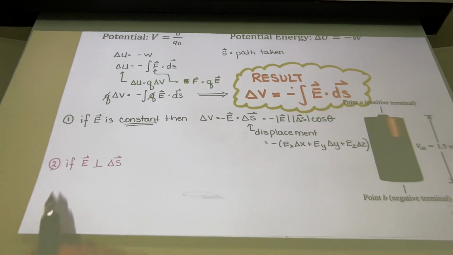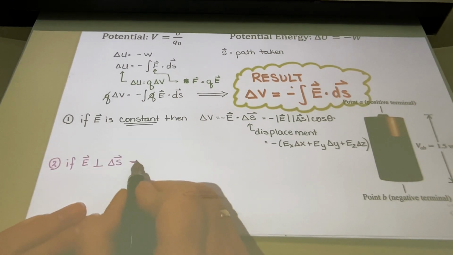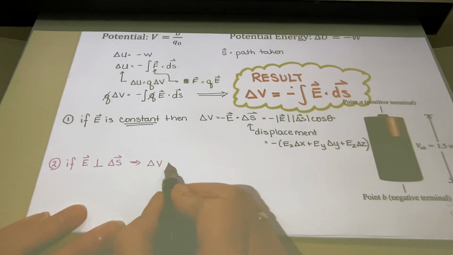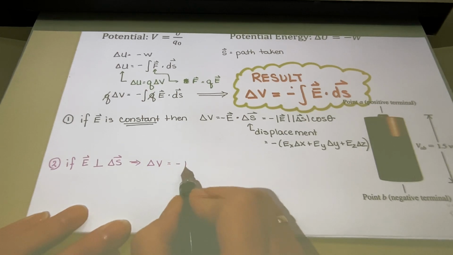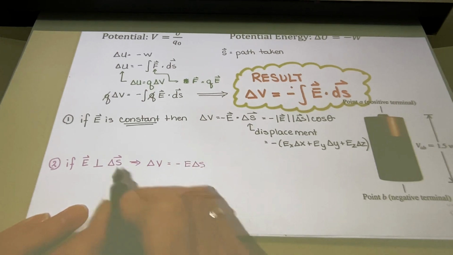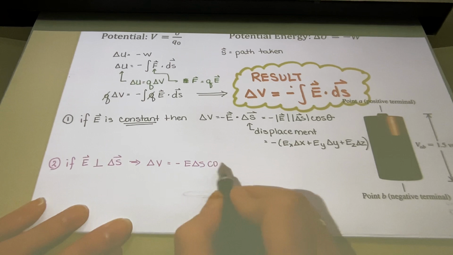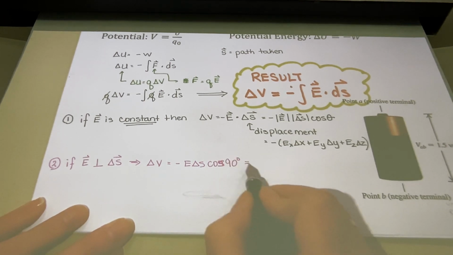Technically I should be writing out the words, if the electric field is perpendicular to the path taken, but those are a lot of words to write down. That would give us that our change in potential is minus E times delta S times the cosine of the angle. Perpendicular means the angle between them would be 90 degrees, and the cosine of 90 would be 0.